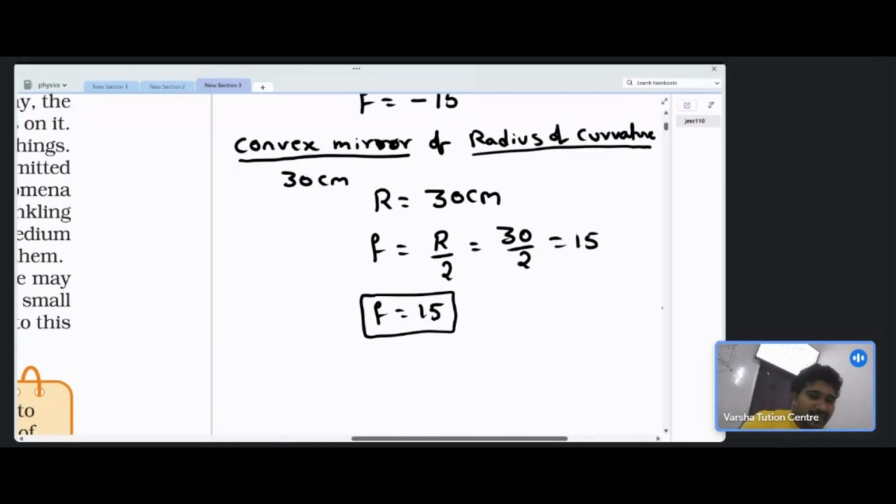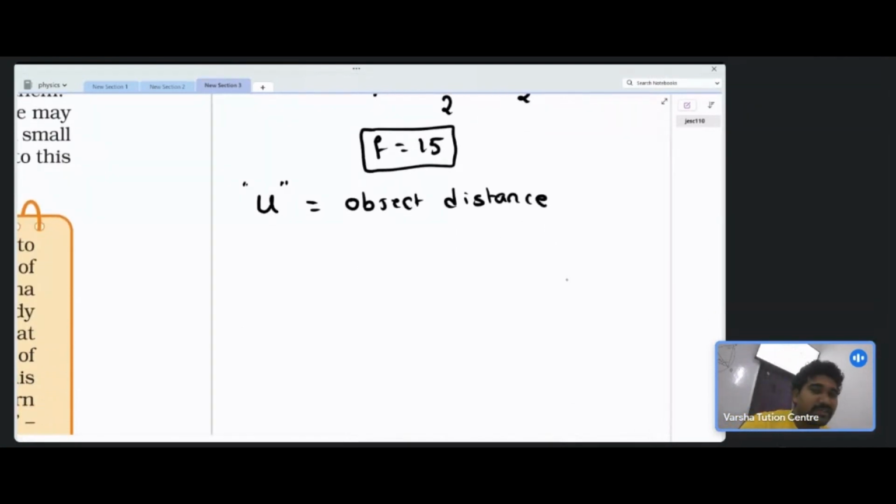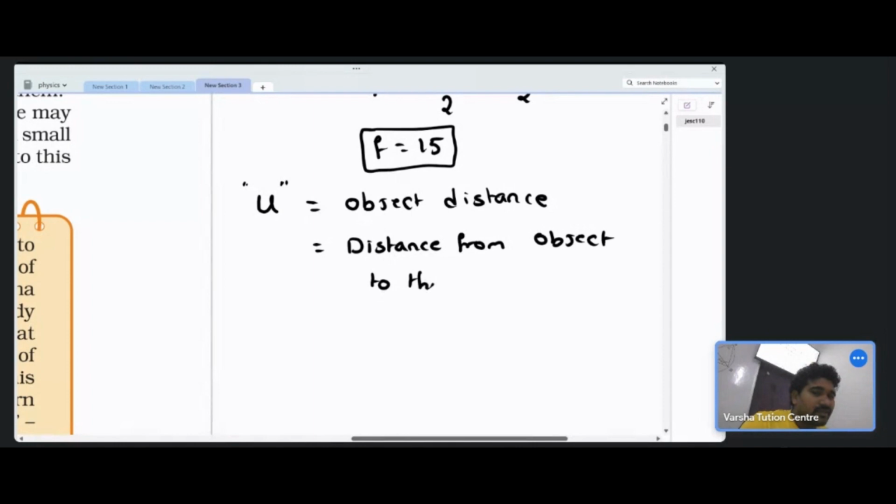Clear? Now the next term in the formula is u. So the name of u is object distance. What is the name of u? Object distance. What does it mean, sir? Object distance means the distance from the object to the mirror or to the pole, he will tell.